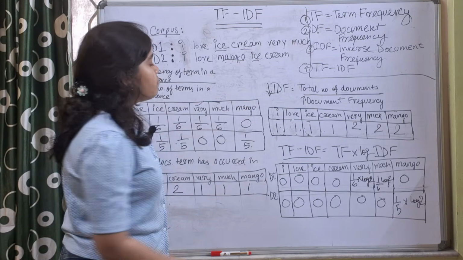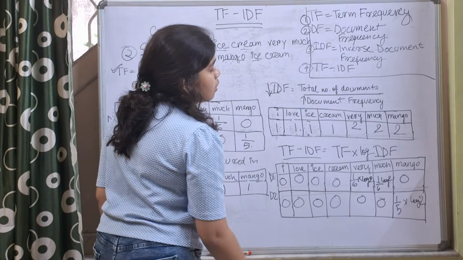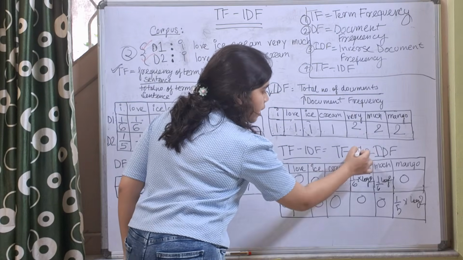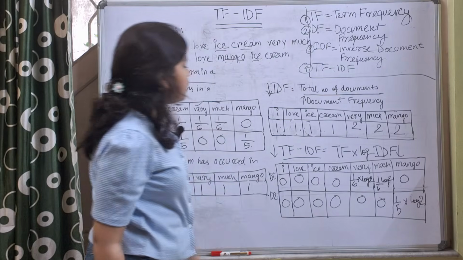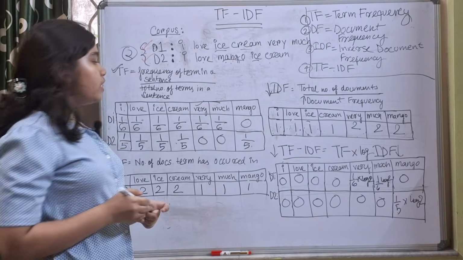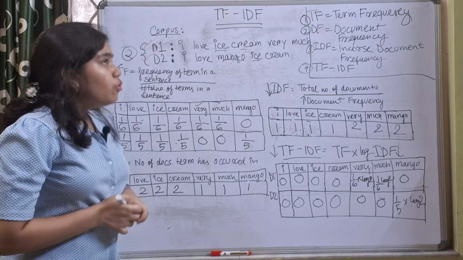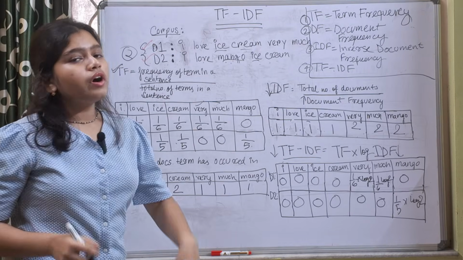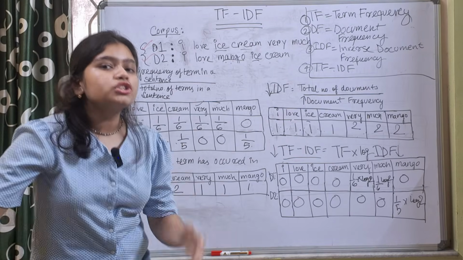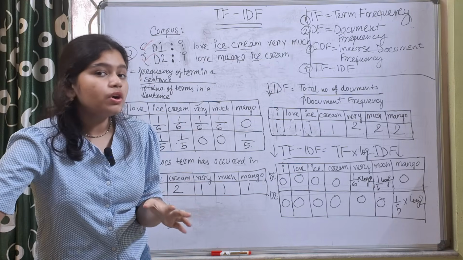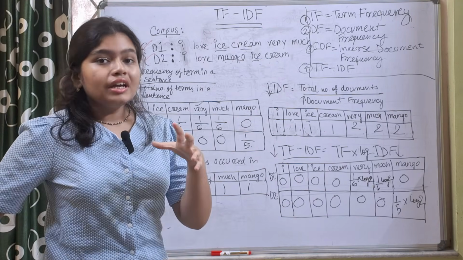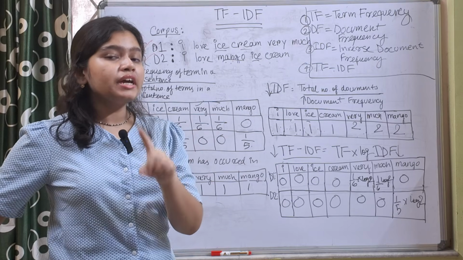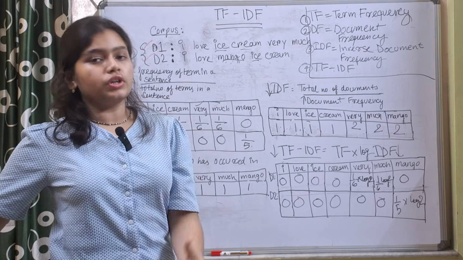If you have a lower IDF value, then you have a lower TF-IDF value as well. And if you have a lower TF-IDF value, that means that particular word is not that important, and the machine learning model should not pay much heed to it. The machine learning model should pay attention to only distinct words.